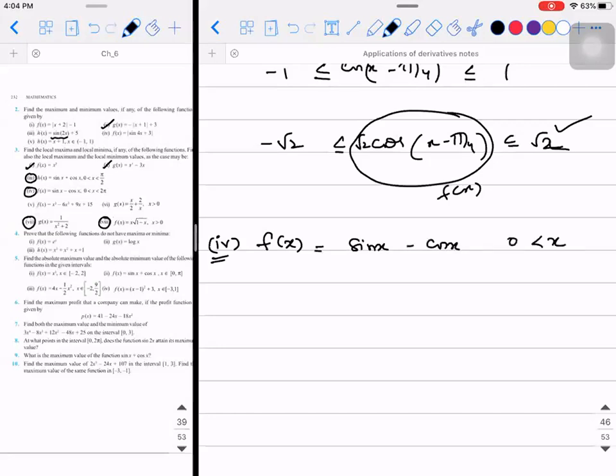So here the domain is restricted to how many quadrants? 4 quadrants, with the borders excluded. 0 and 2 pi are not included. Right.